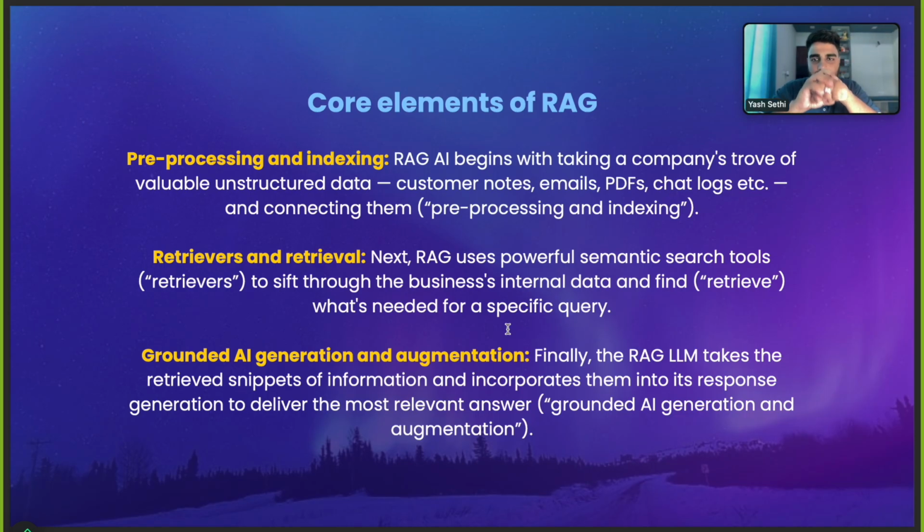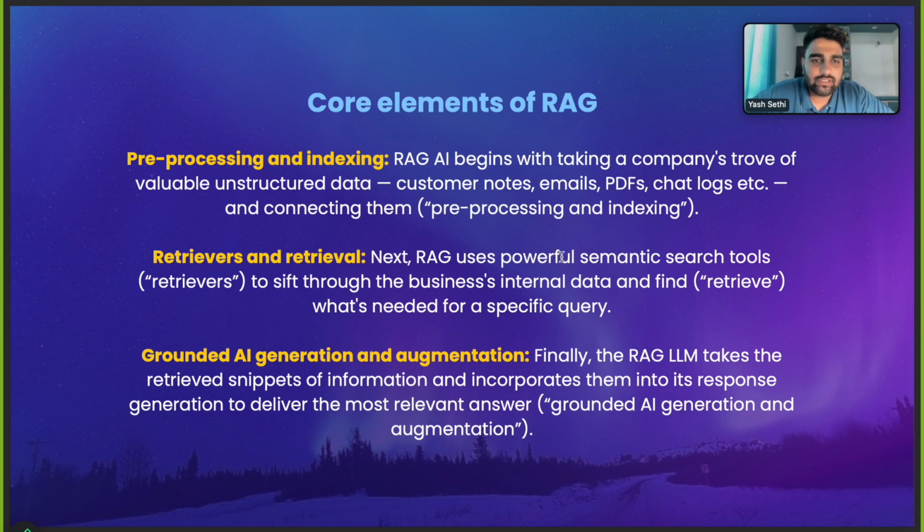Then we have retrievals and retrievers. A retriever is a tool which uses semantic search to search for your answer in that unstructured data, and retrieval is nothing but the retrieved data.